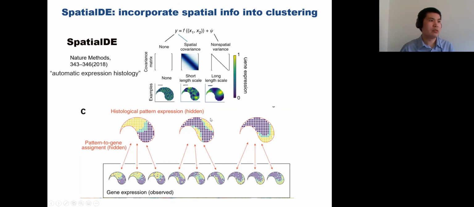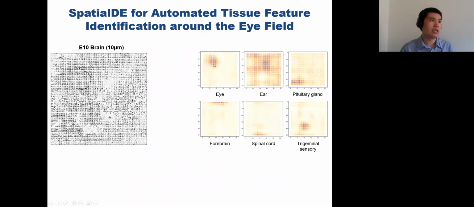So basically, with this process, we got a cleaner identification of different tissue features, for example, eyes, ears, and pituitary gland. This can really help us identify those features which would be hard to annotate by just H&E staining.